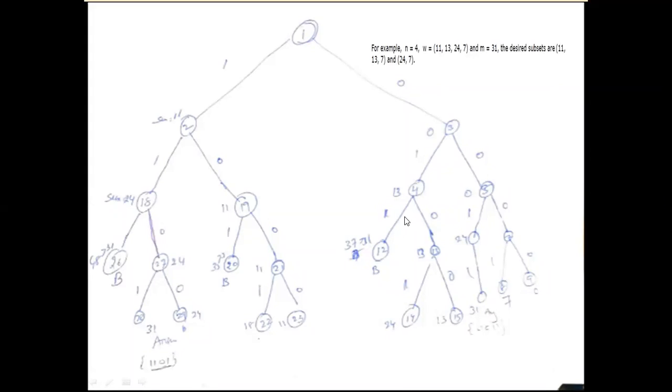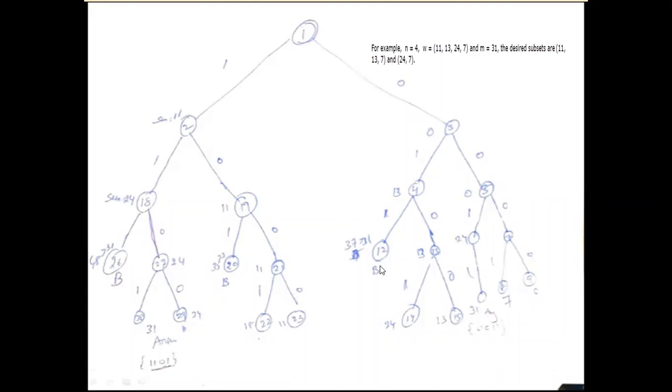So the 12th node represents the first element not included in the sum, the second element included, and the third element included. So the sum of the second element and the third element equals 37. 37 is greater than 31, so it does not satisfy the criteria function. The sum of the elements from the root node to the 12th node is greater than 31, so the 12th node is killed.